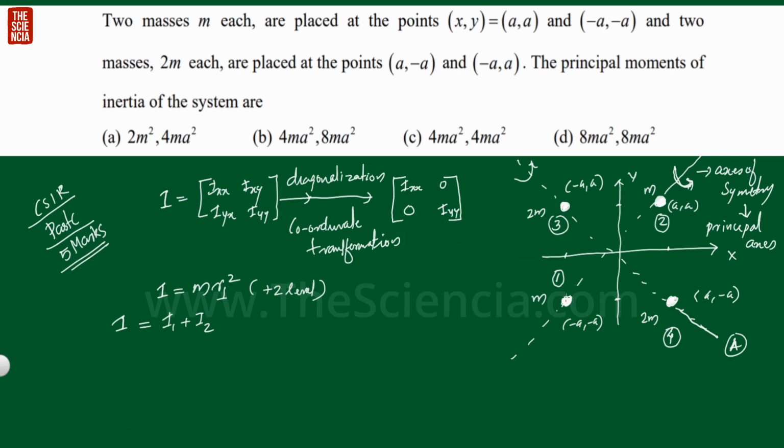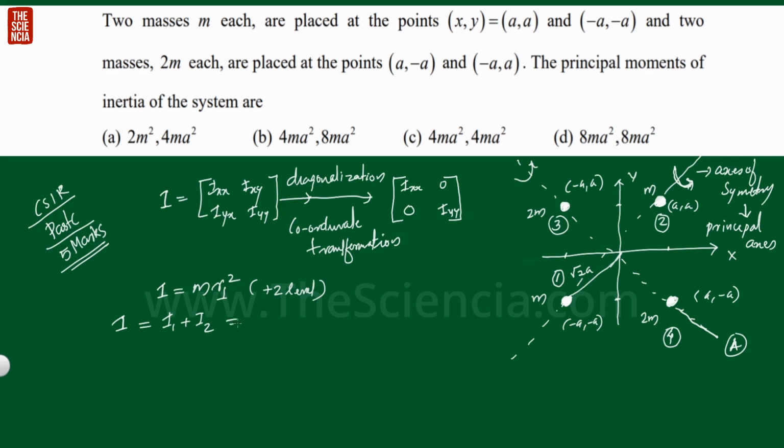And what is the I due to the first mass? That is m r perpendicular squared. Here you want to know the distance, this distance. This distance is nothing but root 2 a, because this side is a and this side is a. So this is root 2 a. So I1, with mass m and r perpendicular root 2 a, all squared, plus the second one, again m times (root 2 a) squared.